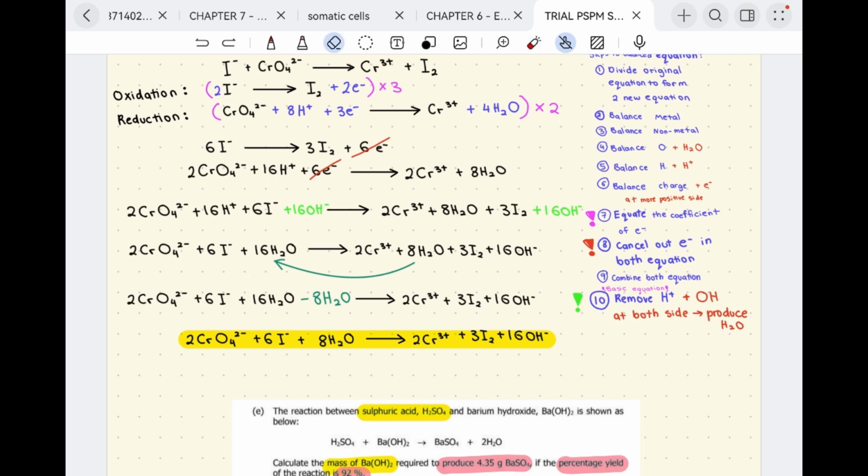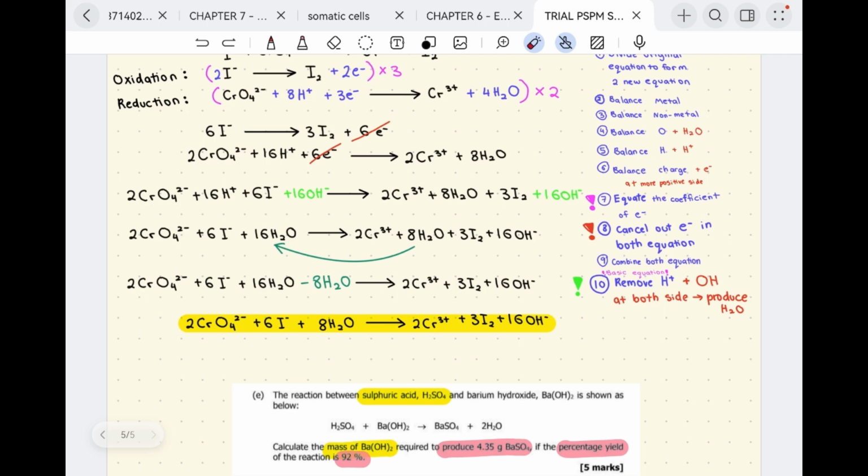So we need to move 8H2O here to the left hand side, because this is a plus, so when we move it, it will become minus, and 16 minus 8 will become 8H2O. Then the final balanced equation will be 2CrO4 minus plus 6I minus plus 8H2O equals 2Cr3 plus plus 3I2 plus 16OH minus.